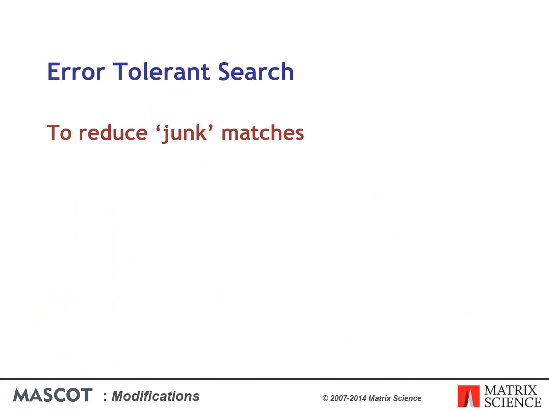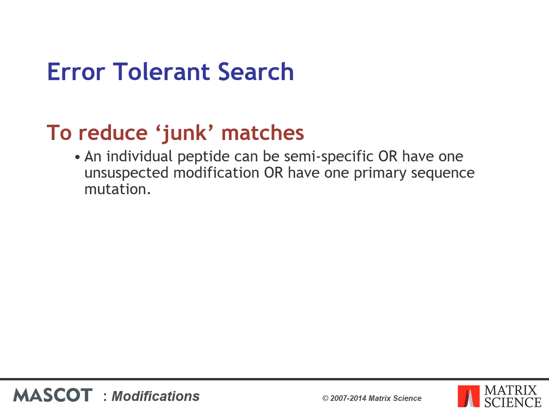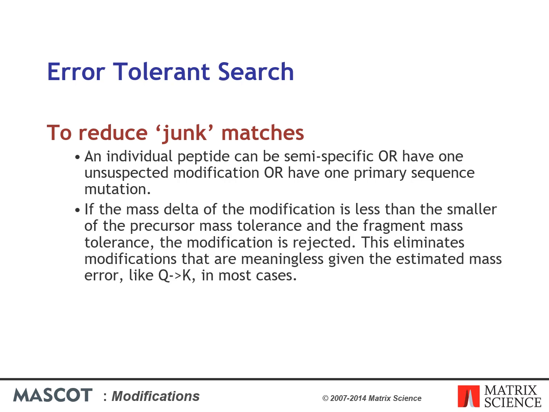The matches from an error-tolerant search are aggressively filtered to remove junk matches. An individual peptide can be semi-specific or have one unsuspected modification or have one primary sequence mutation. If the mass delta of the modification is less than the smaller of the precursor mass tolerance and the fragment mass tolerance, the modification is rejected.